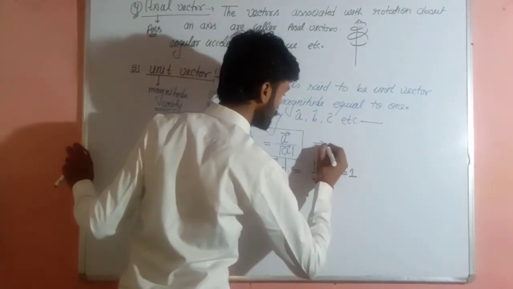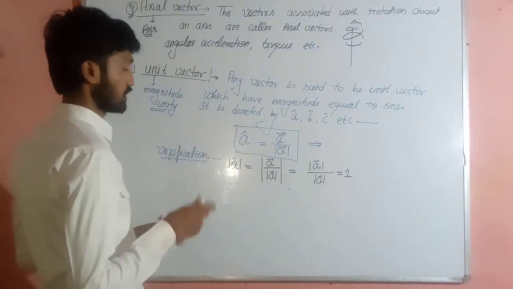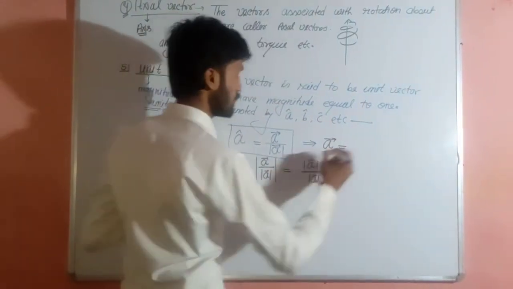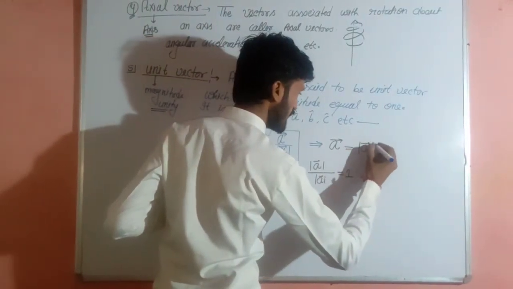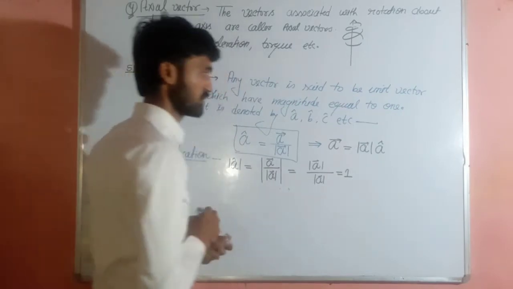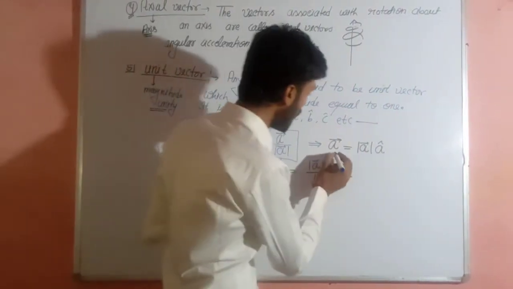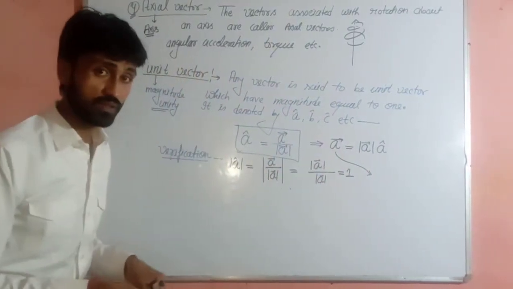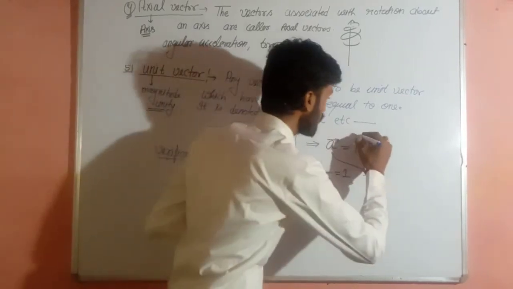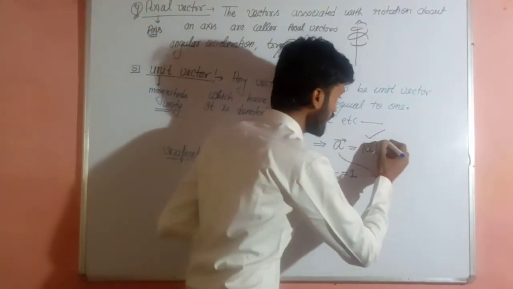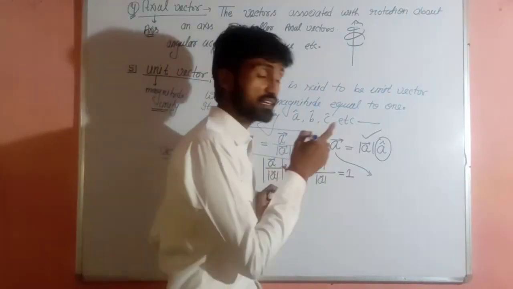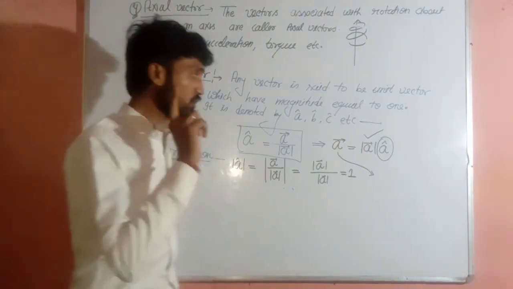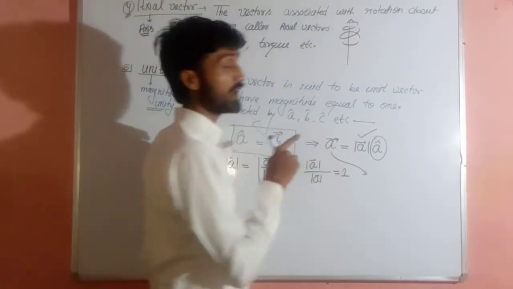This implies that vector A equals mod of vector A into A cap. That means if you want to represent any physical quantity in vector form, you require its magnitude and a unit vector in the direction of that vector.